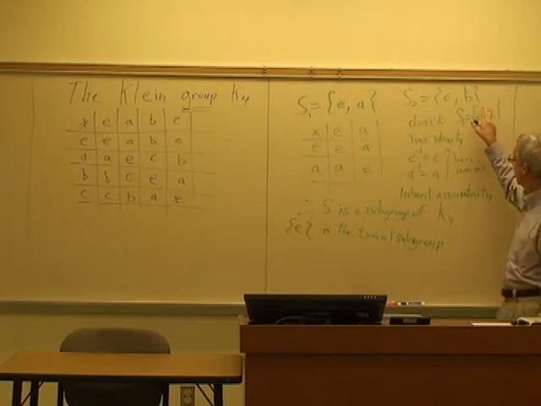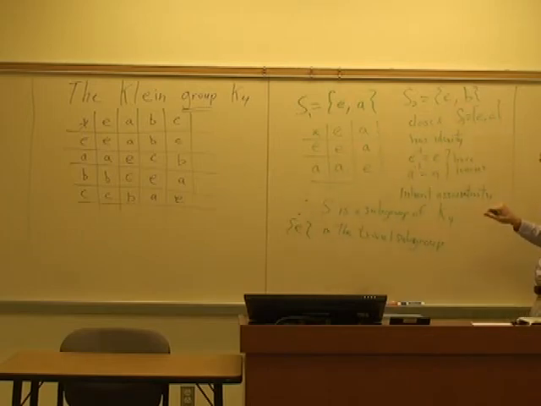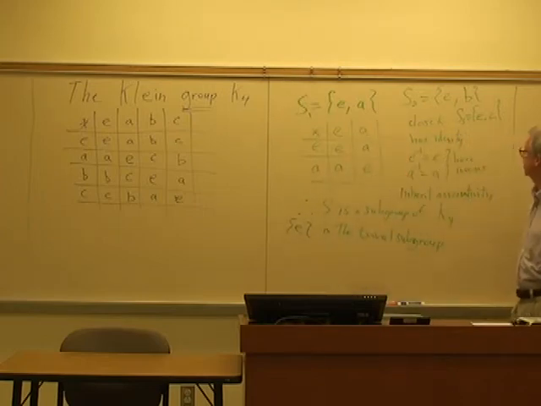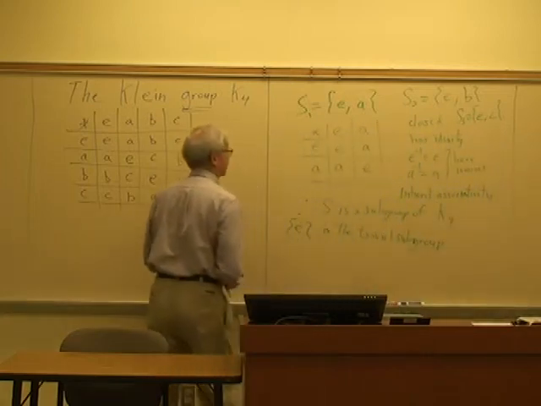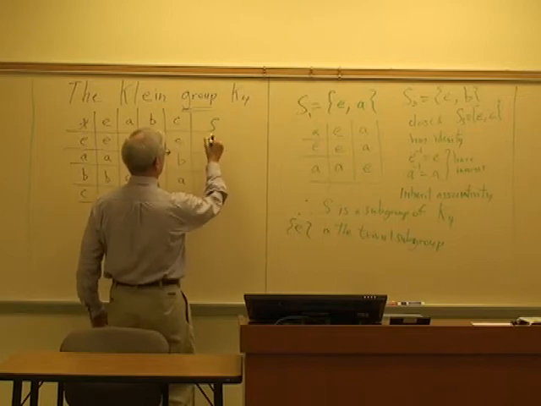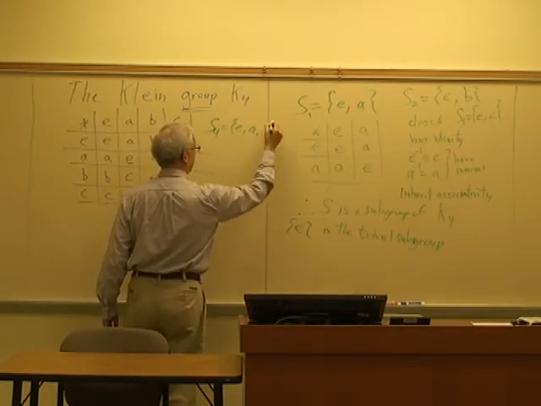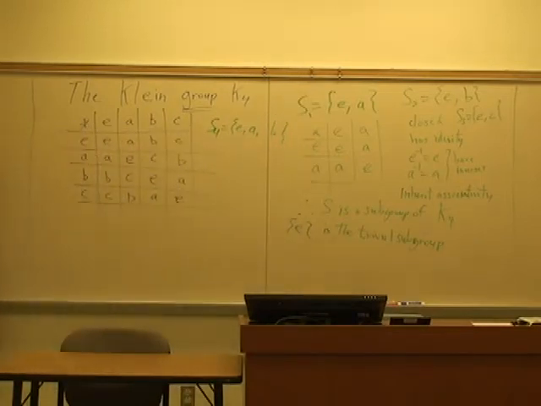And the Cayley tables for these other two look just like this, because the elements are order 2, right? In other words, B star B is the identity. And what if I try to form a group this way? Call it S4. And I bring in the identity, A, and B. Well, what is A star B?